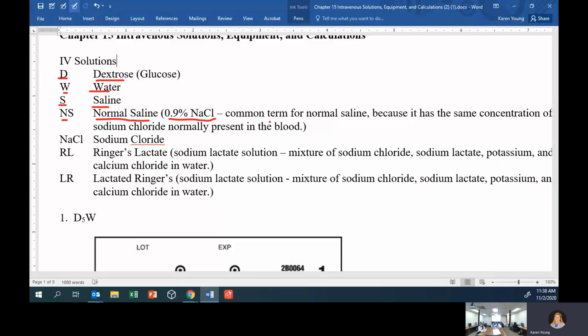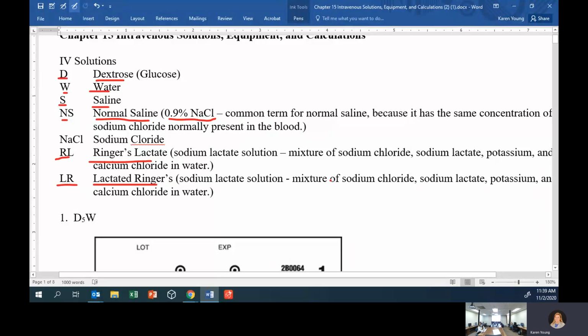And so you'll see them use normal saline a lot, especially to clean wounds. And then NaCl is sodium chloride. RL and LR: RL is Ringer's lactate, LR is lactated Ringer's.